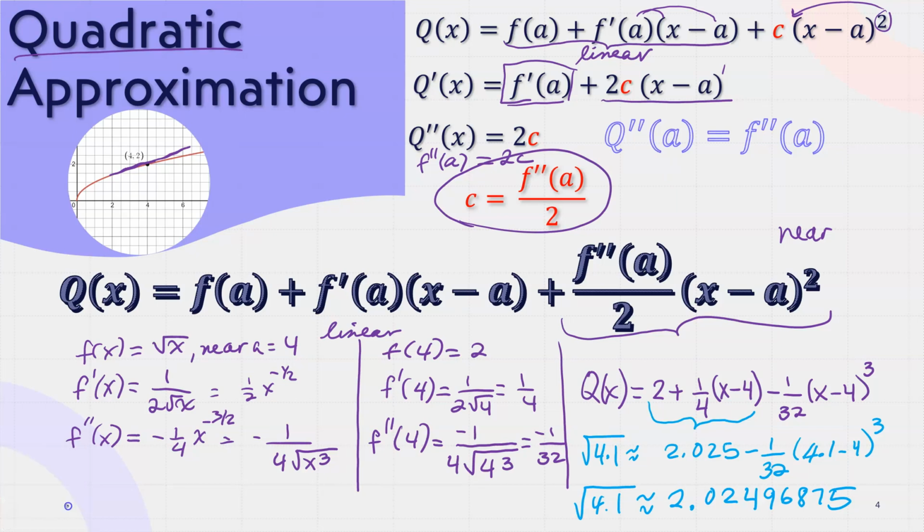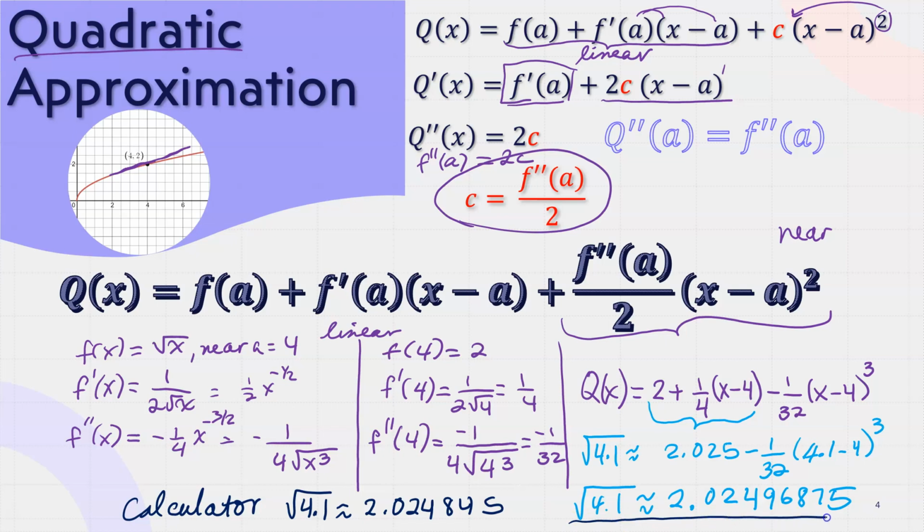Now remember the calculator. When we use the calculator, the calculator gives us a value for square root of 4.1 of 2.02485. So I think using a quadratic approximation gives us a closer answer to our calculator answer, which is what we would say, that our calculator knows polynomial approximation pretty well.